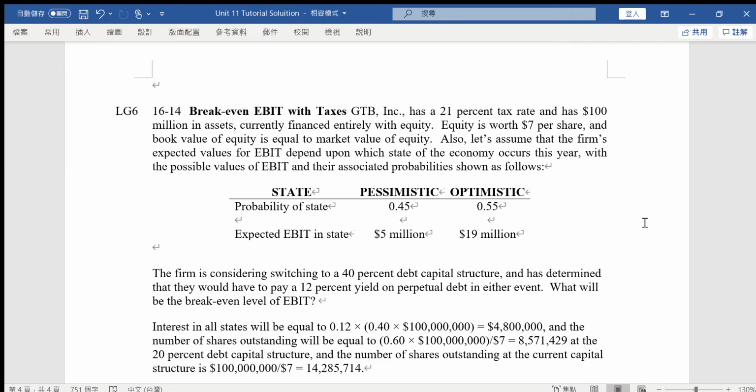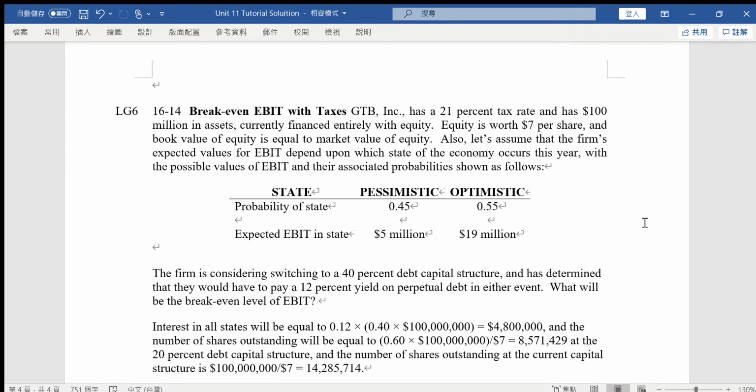Equity is worth $7 per share, and the book value of the equity is equal to the market value of the equities. Also assume the company expects the value of the EBIT to depend upon the state of the economy this year, with the possible values of the EBIT and their associated probabilities shown as the following.